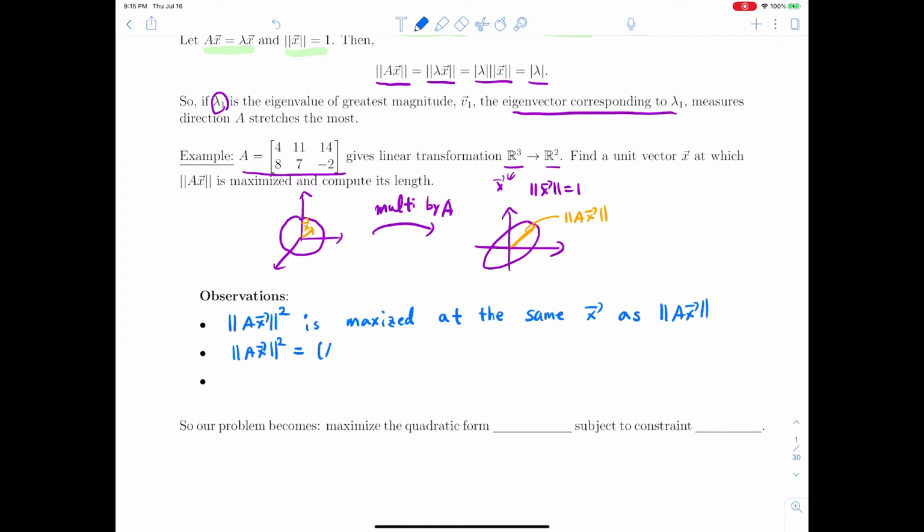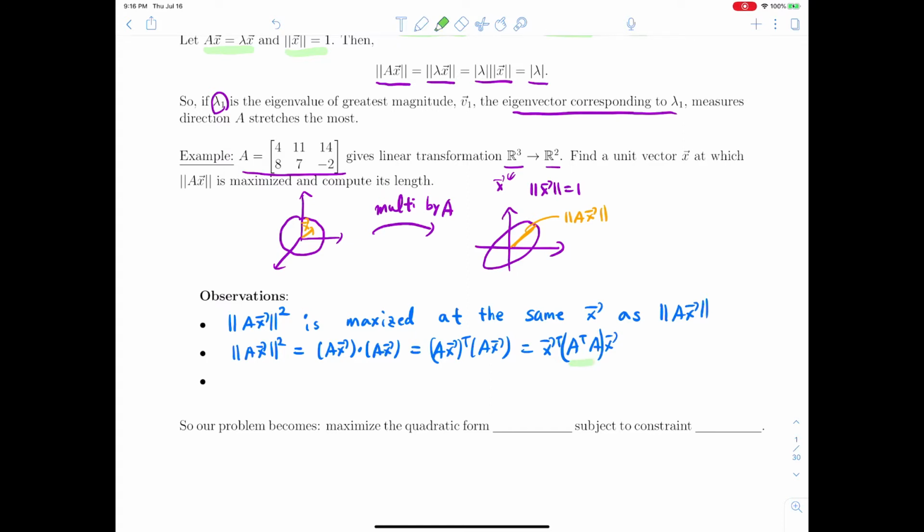This is the same as Ax dotted with Ax. If you switch this to a matrix product, this gives you (Ax) transpose times Ax, or in other words, x transpose times A transpose A times x. So now it looks like a quadratic form given by A transpose times A.